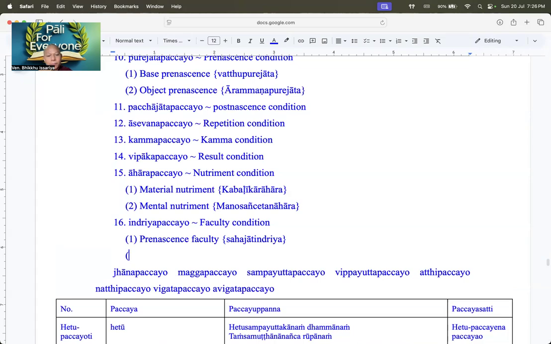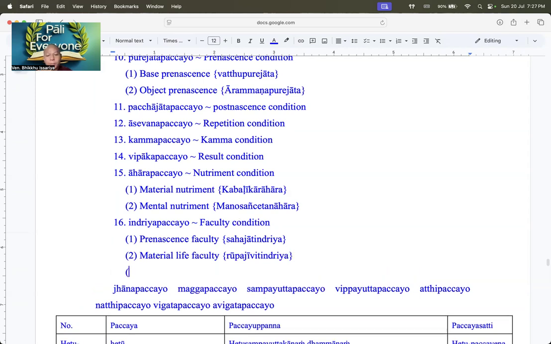And then the next one is material life faculty. That is Rūpajīvitindriya. And then the other one is conascent faculty.